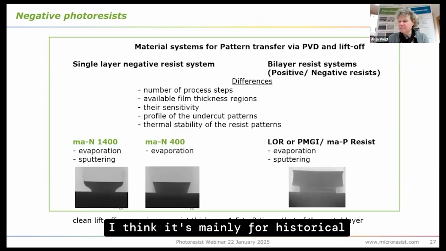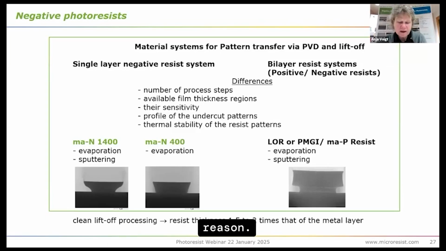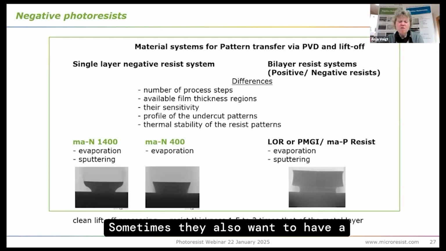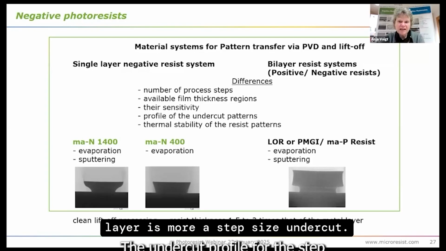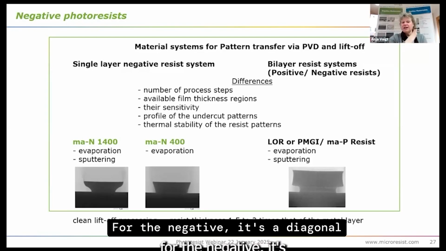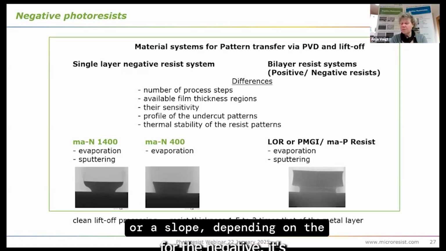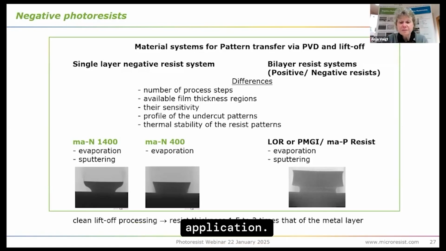I think it's mainly for historical reasons. Sometimes they also want to have a specific undercut profile. The undercut profile for the bilayer is more a step size undercut. For the negative, it's a diagonal or an S-slope, depending on the application.